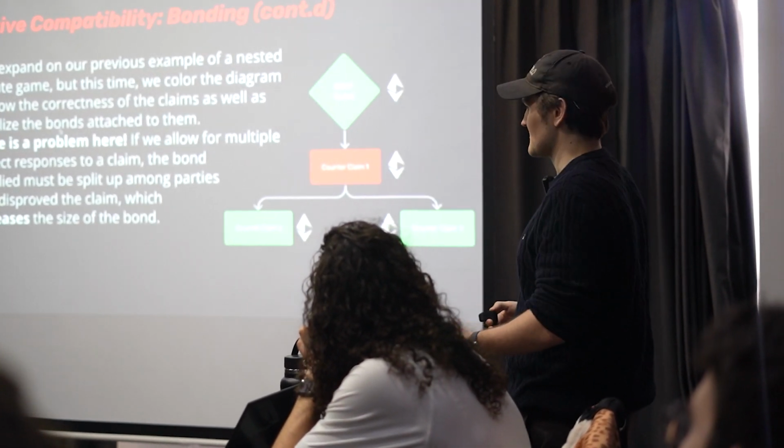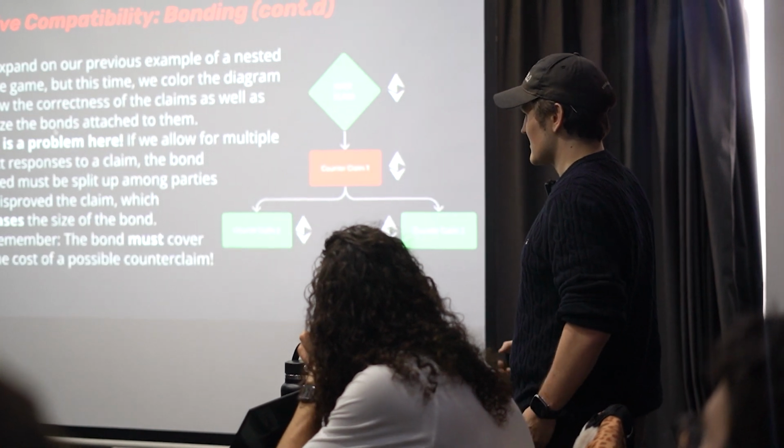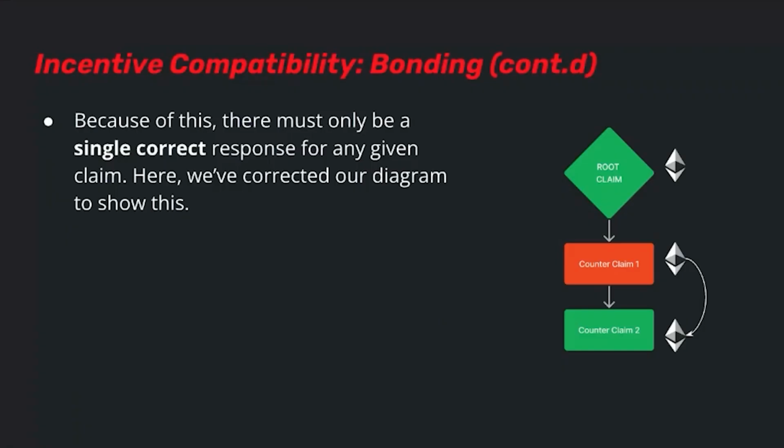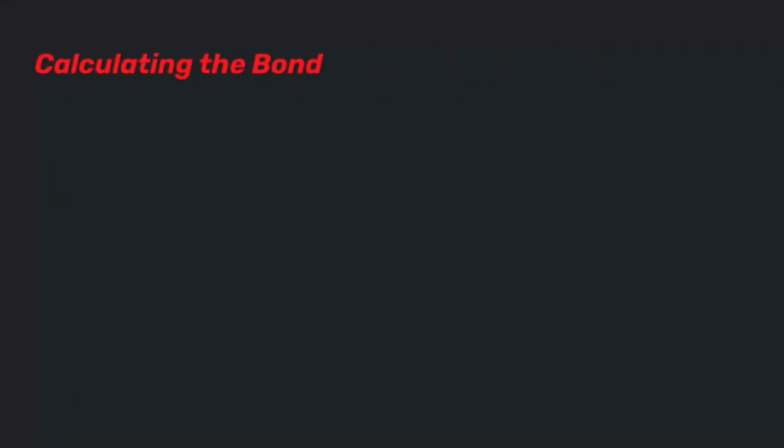It would become really expensive to do that. So remember, the bond must cover the cost of a possible counterclaim. Because of this, we can only have a single correct response for any given claim. We've corrected the diagram to show this: this bond is going to cover this one because it was able to disprove the invalid claim above it.